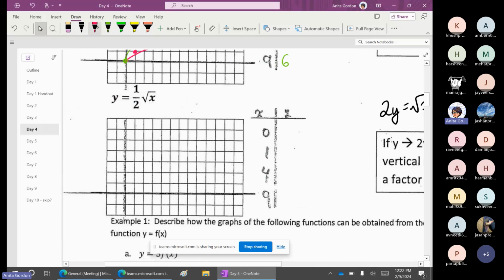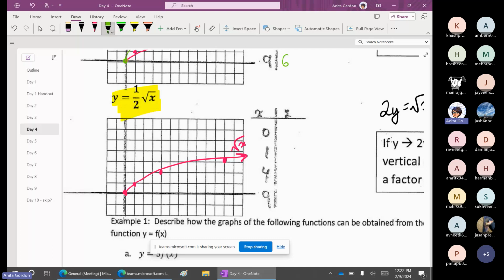Again, we're going to start with our base graph. 0, 0, 1, 1, 4, 2, 9, 3. My base function, square root x. And again, using a different color, I'm going to determine what is my y. So I'm taking 1/2 times the square root of x.